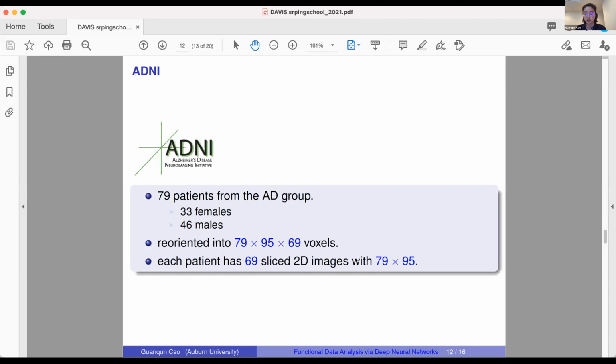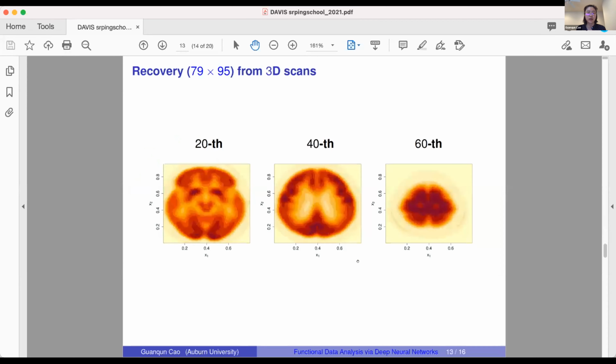So this is 3D imaging. Then for the method, we use these 3D scans, and we recovered the images at the 20th, 40th, and 60th locations. That's our recovered underlying true structure, the images for the Alzheimer's patient group.